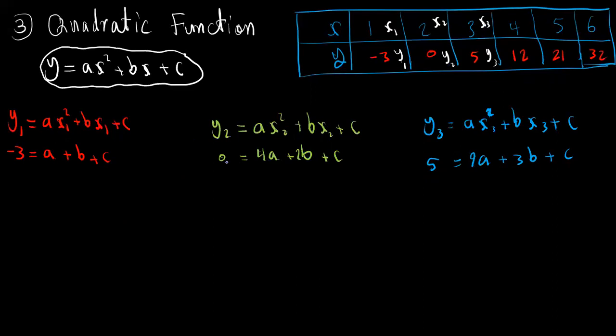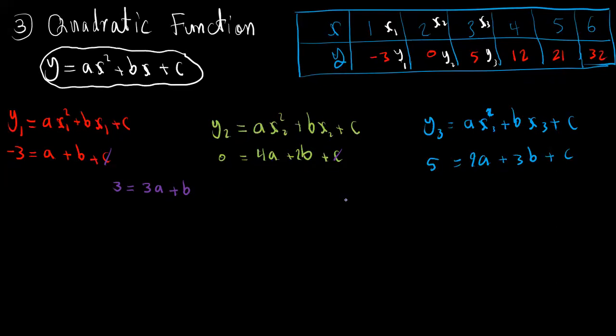Okay, now subtract 0 minus 3, 0 minus negative 3, it will be 3. 4a minus a, it will be 3a. 2b minus b, it will be 1b. c minus c will be cancelled. So this is the first element in the first differences.